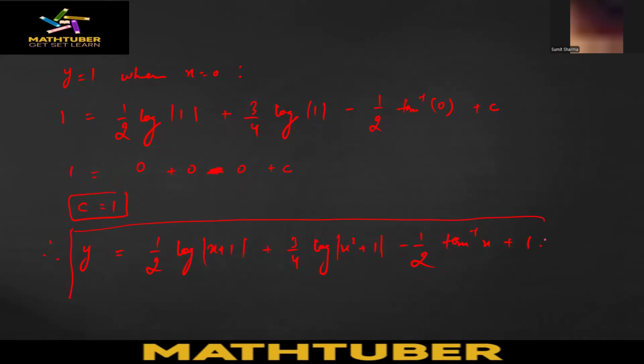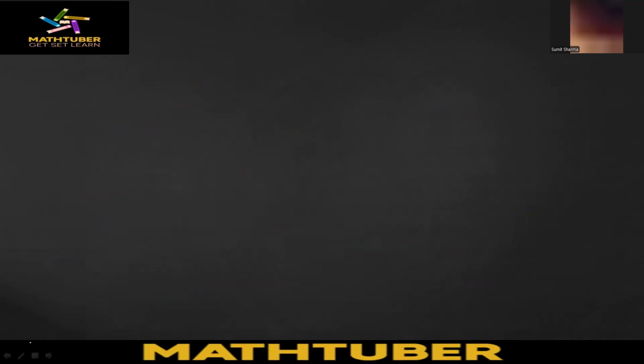So that's it. The procedure is the same. It's just that the last step is to find out the value of C and substituting again the value of C in the given equation, means in the equation that we have found out, right? So that is all. Next is, let us do one more question related to this.